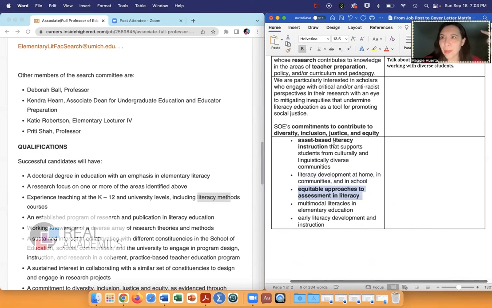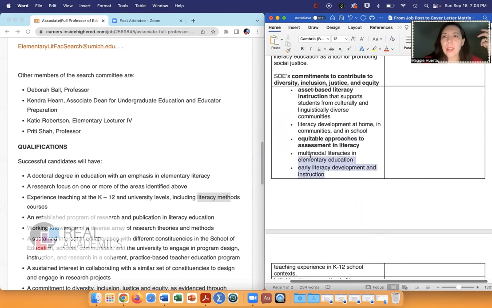So this is just what I want to show you. So then I would write to my strengths here, okay? And be aware that there are these other things people on the search committee are obviously interested in. So when you do your Zoom, your on-campus interview, you can speak to it: I'm very interested, I've done some work in this and I'd like to do more and learn more about whatever, XYZ.